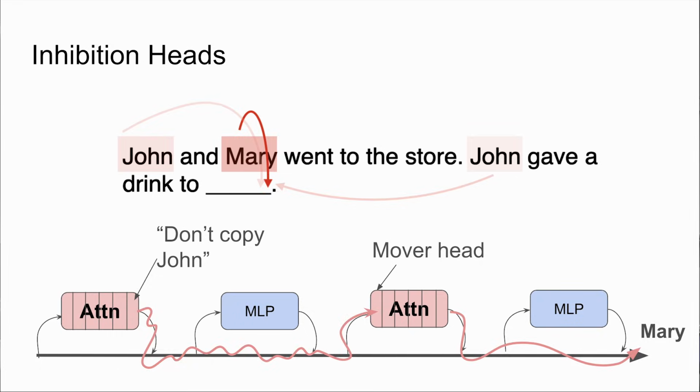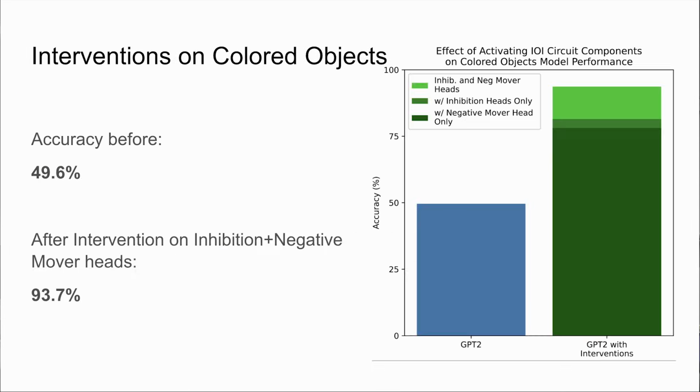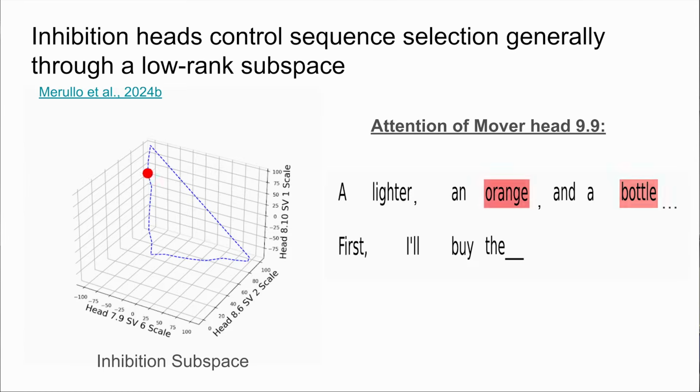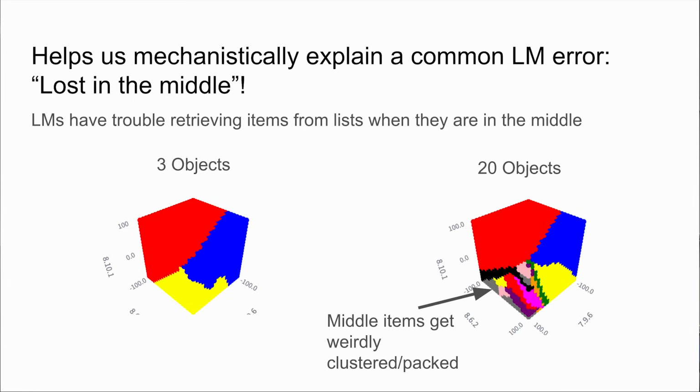What we did in this paper was we took the singular value decomposition of the weights themselves in these heads. And then what we found was that the signal for doing inhibition is actually extremely concentrated in the singular value spectrum.